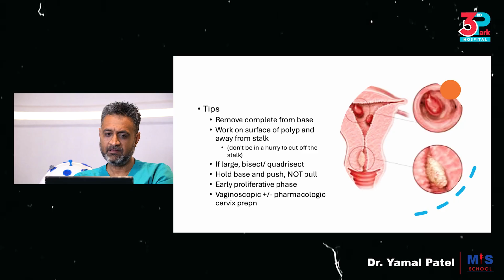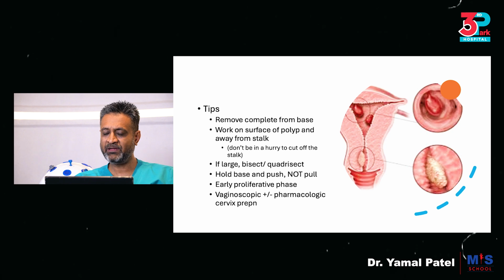So in simple words, going into the endometrium when the grass is short in the proliferative phase will allow you to see the pathology and remove the full pathology, as opposed to going in the second half when the grass has grown tall and it will hide away some of the pathology and you might miss out on removing it. So early proliferative phase for polypectomy would be an ideal situation.